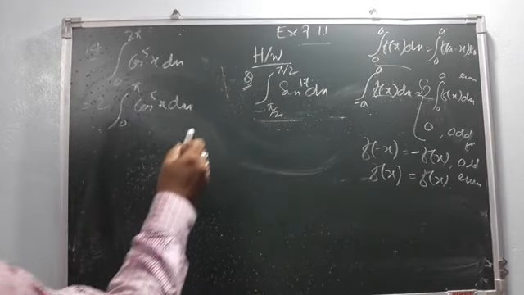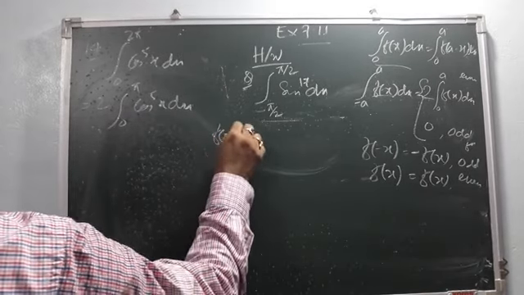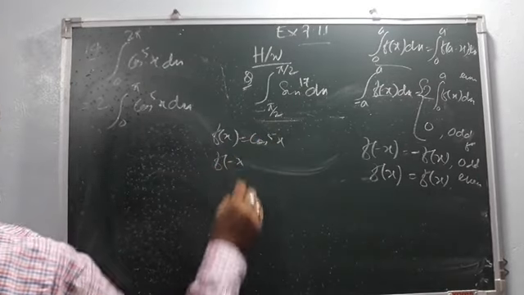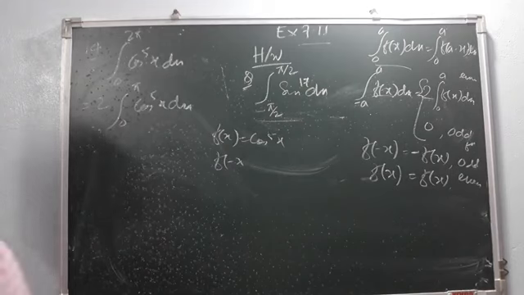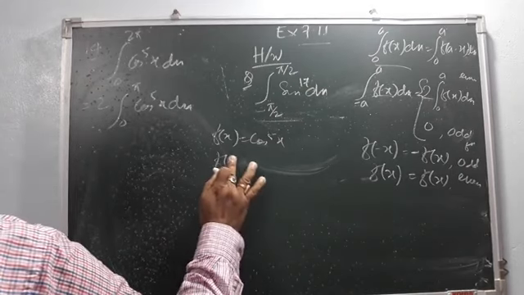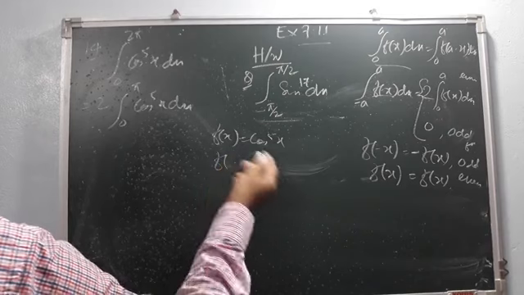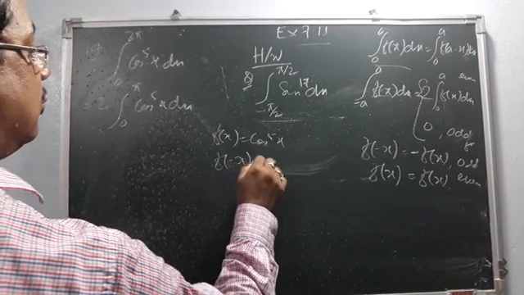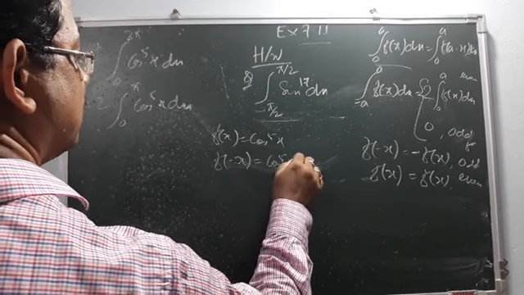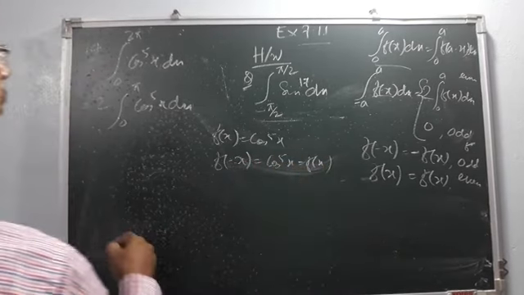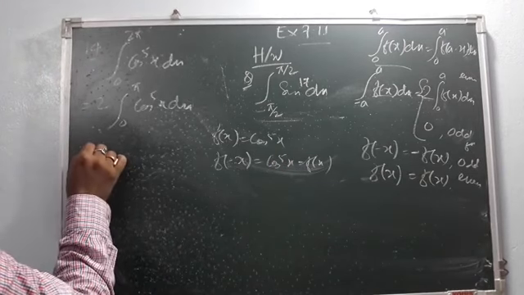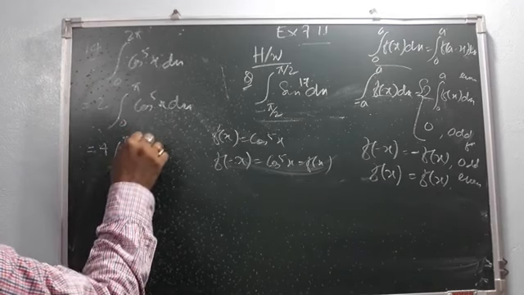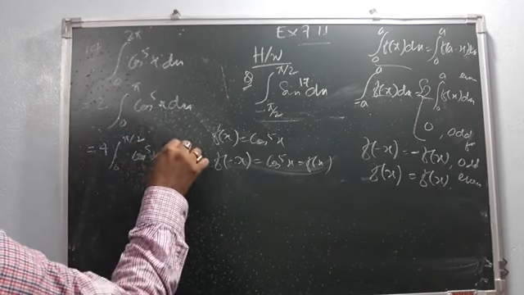Then if we take f(x) equal to cos this, then f(2π minus x) is again f(x), so it is an even function, and we can write again 4 times the integral from 0 to π/2 of cos this dx.